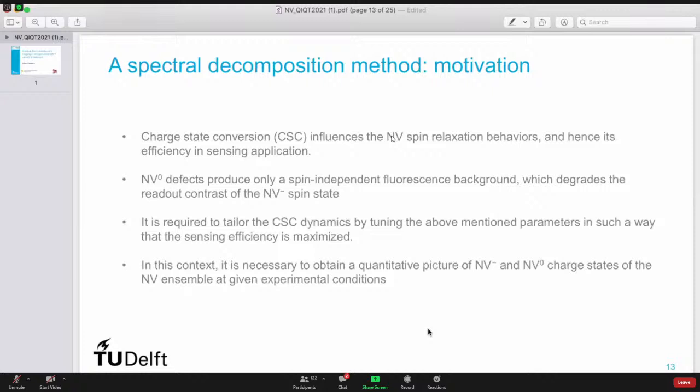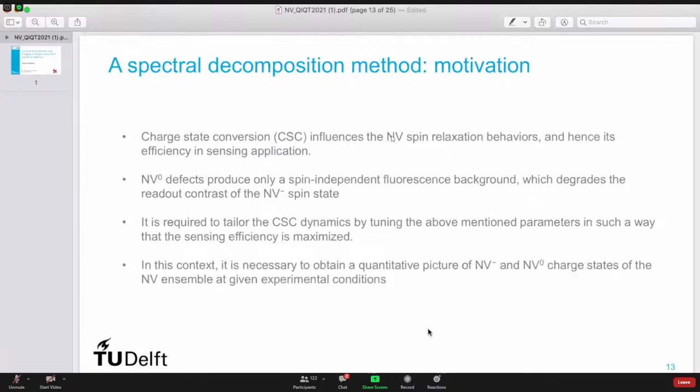For example, for sensing experiments, it's advantageous to consider ensembles of NV centers. Because the ensemble will have, let's say, n number of NV centers, it will give n times higher signal than a single NV.